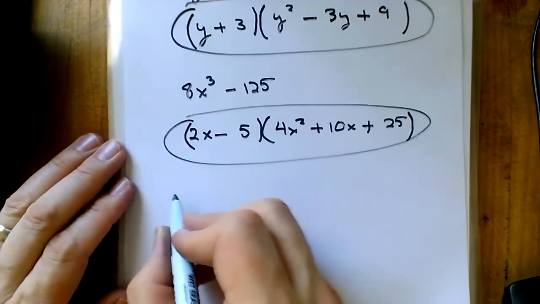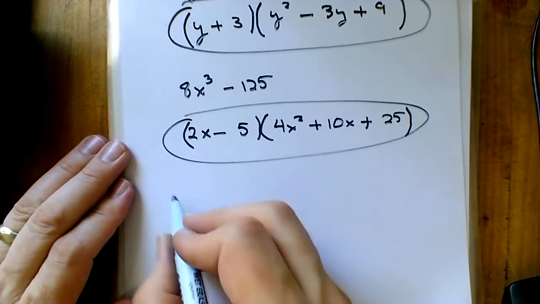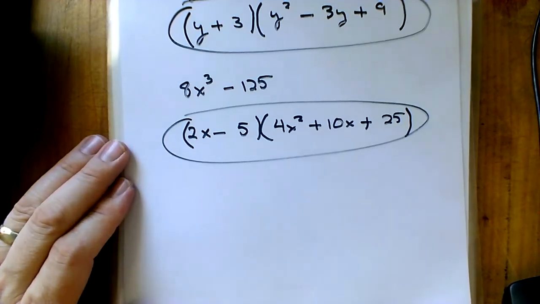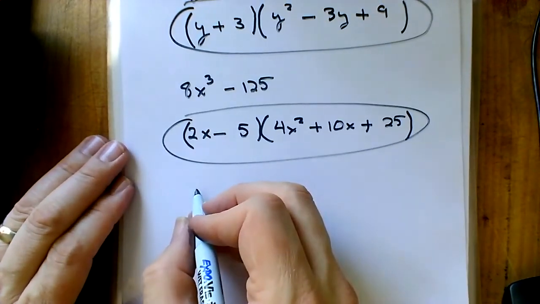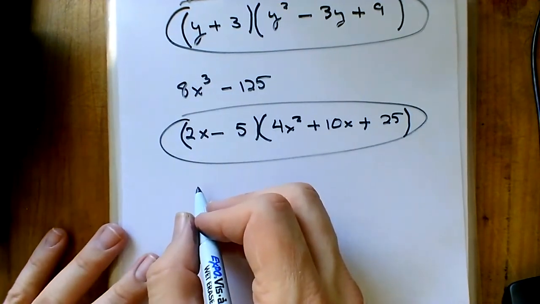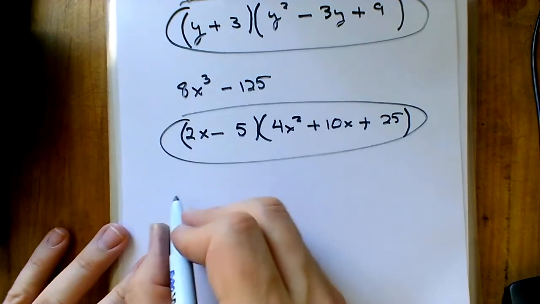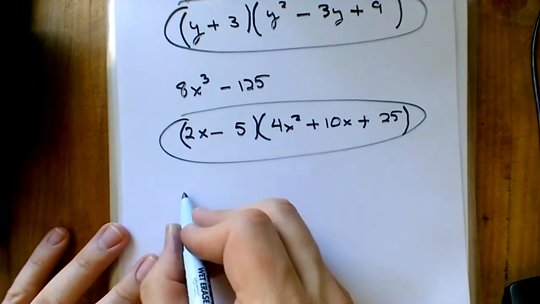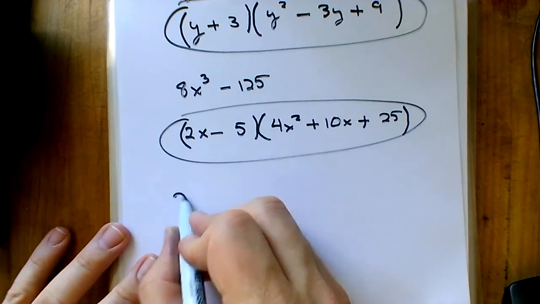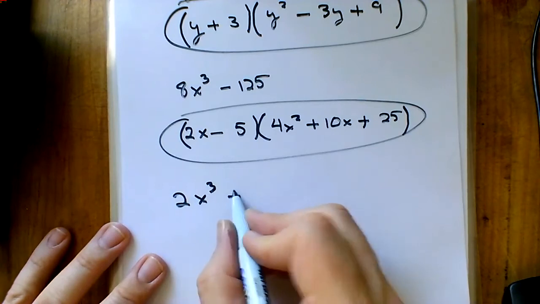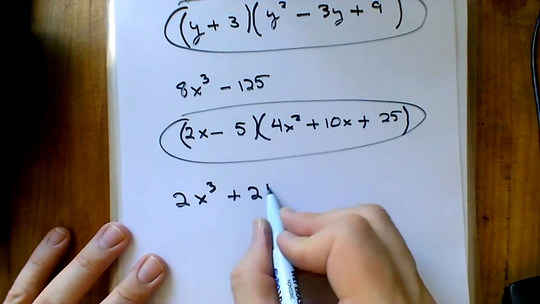Last example here. Let's do something that might require an extra step. Let's say we've got 2x cubed plus 250.